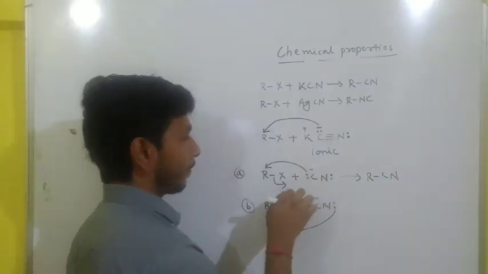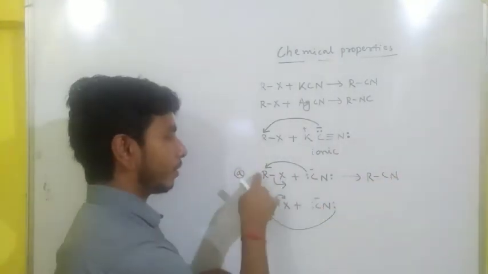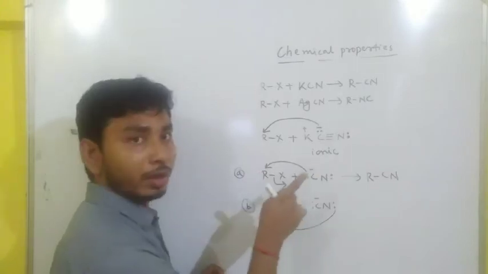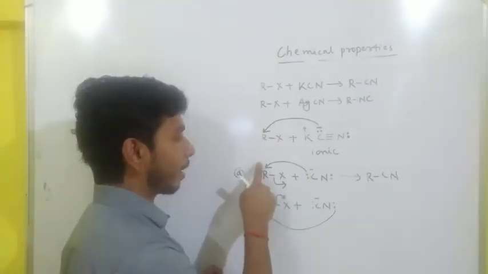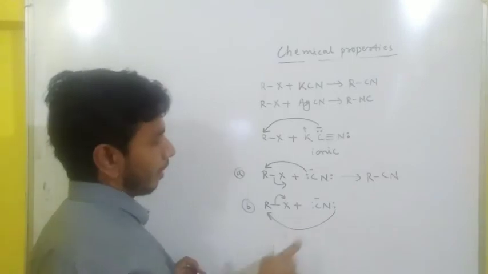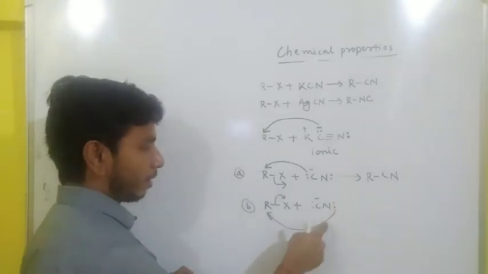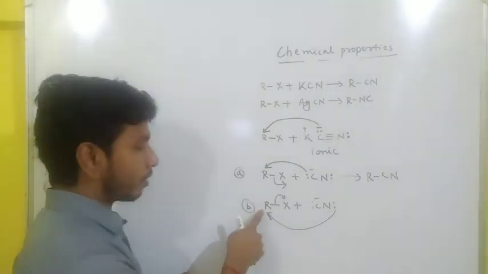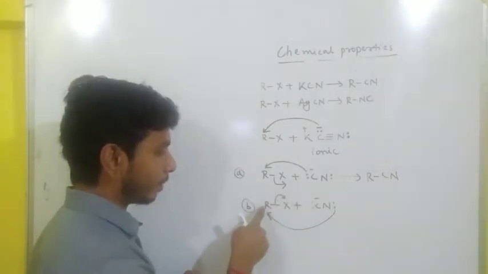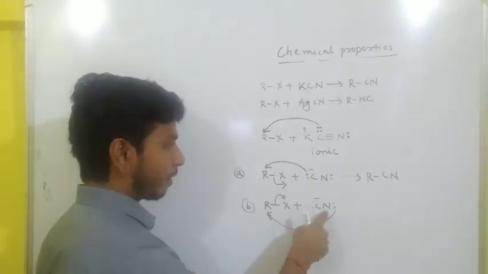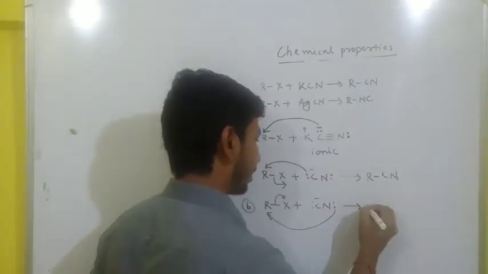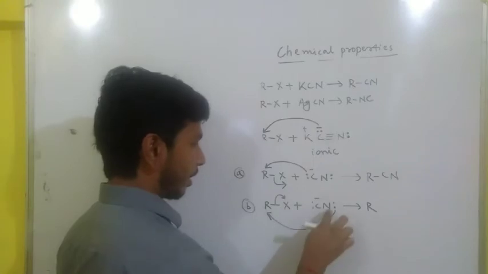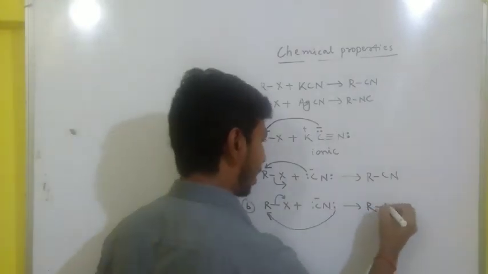Carbon is attacking the alkyl group, so bonding takes place between the alkyl group and carbon. Here the lone pair on the nitrogen is attacking the alkyl group, so bonding takes place between the alkyl group and nitrogen. So here it is R, then NC, RNC.